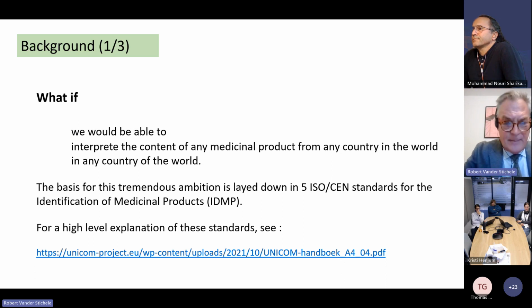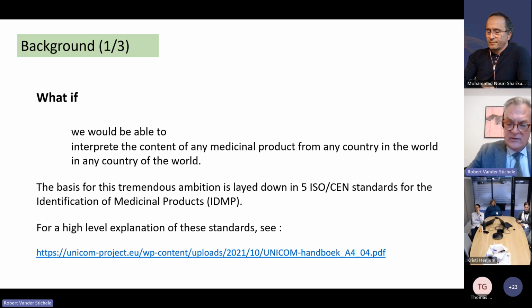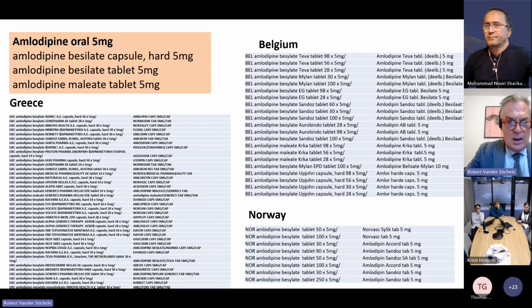The basis for this tremendous ambition is laid down in 5 ISO standards for the identification of medicinal products. And this is a link to a brochure that explains in 10 well-illustrated pages for the lay public what this is all about. Here I've given an example.